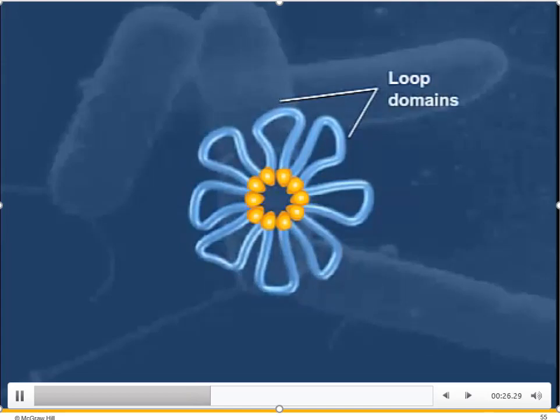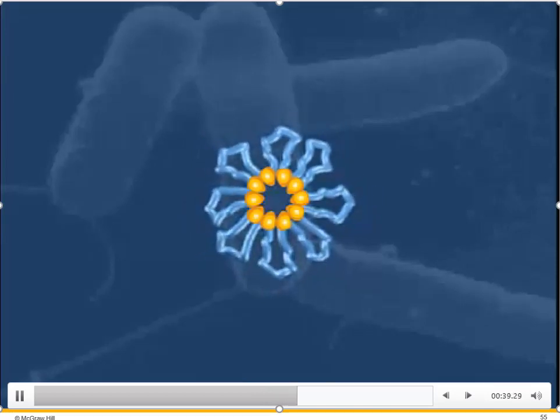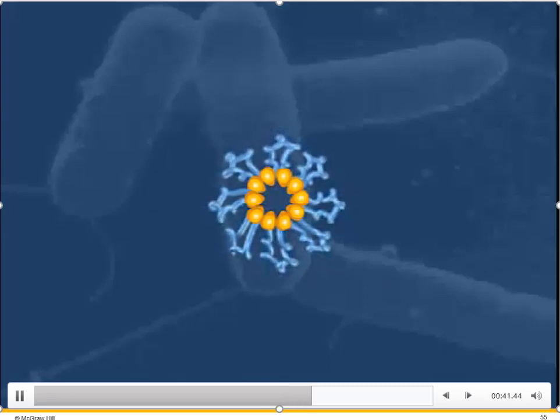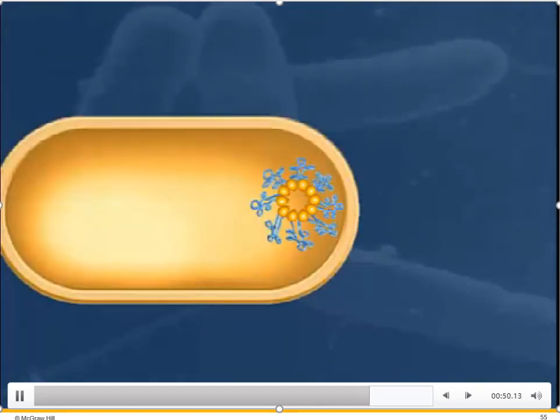Further compaction is accomplished through a process known as supercoiling. In this process, which is under the control of the enzymes DNA gyrase and topoisomerase I, twists are introduced in the DNA molecule that cause it to compact by coiling onto itself. This is much like the process of coiling that you can observe by twisting a rubber band. DNA looping and supercoiling make the bacterial chromosome more compact so that it can fit within the nucleoid of the bacterial cell.